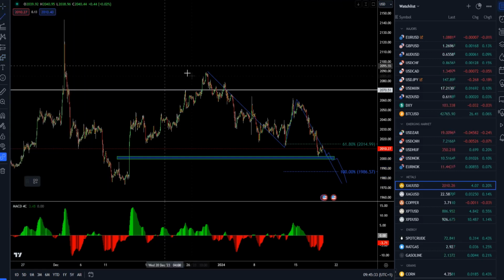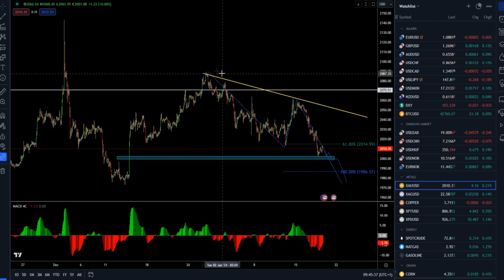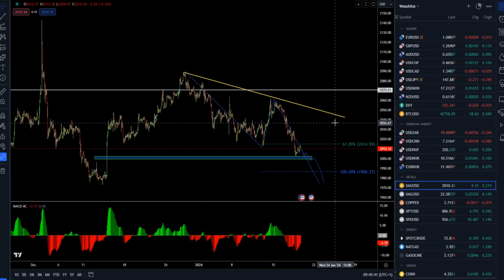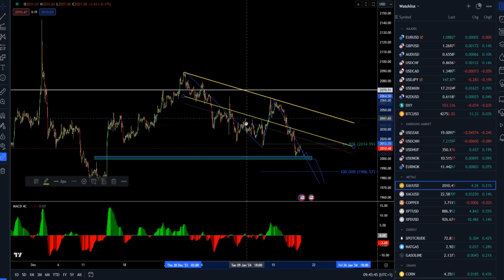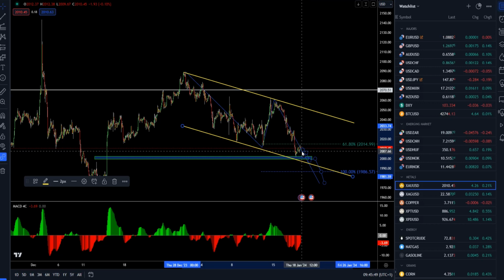Another projection that we can do here on the gold is if we project a parallel line from this area here. So we'll just take here and project on this low here that we have, and we also have some more room for the downside to expand to lower price.